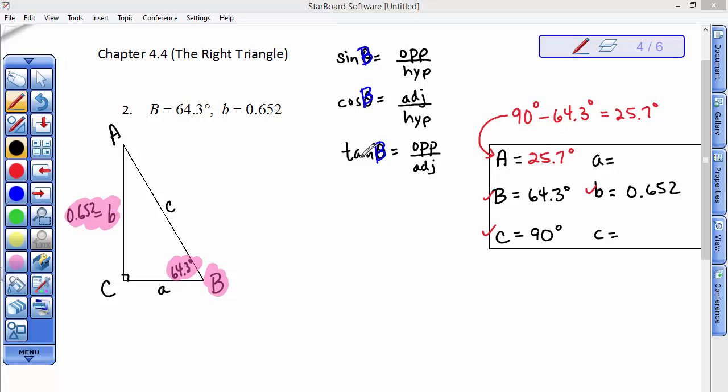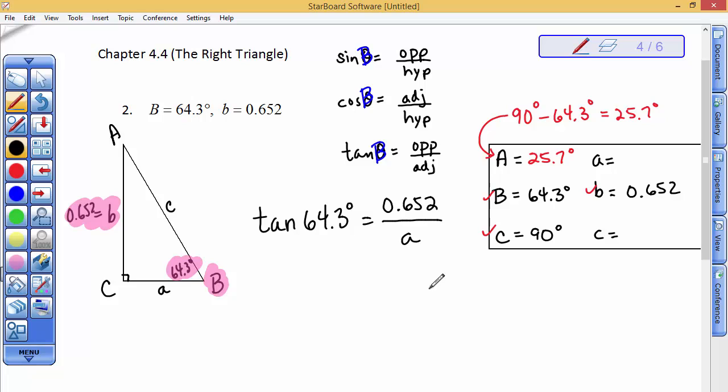Which of these uses opposite and adjacent? Oh, just that one. So I would write that the tangent of angle B, the tangent of 64.3 degrees, equals the side opposite over the side adjacent.